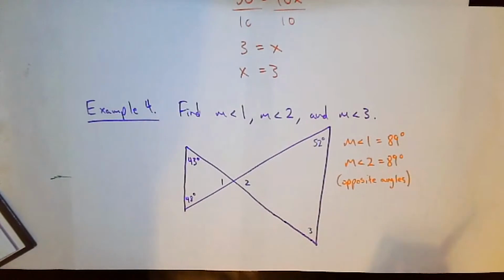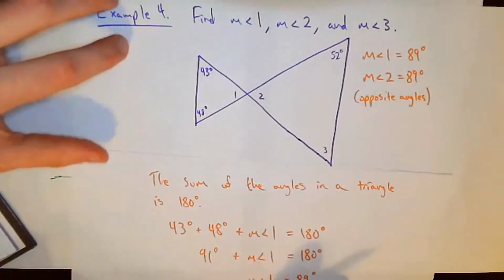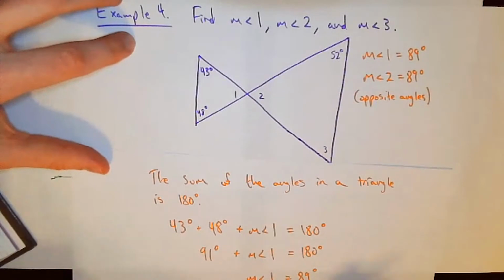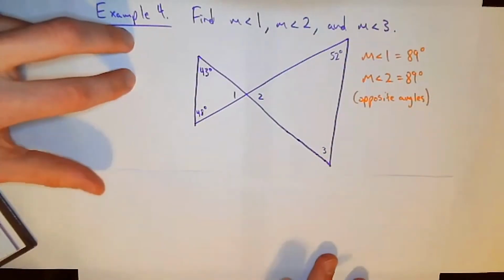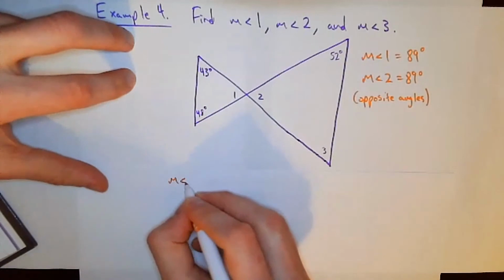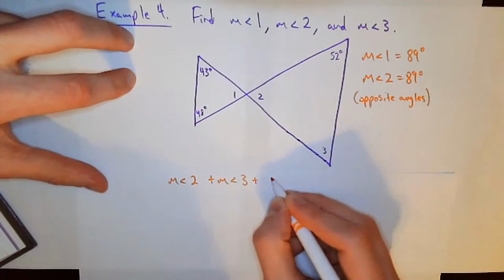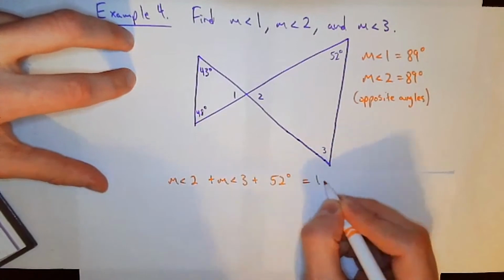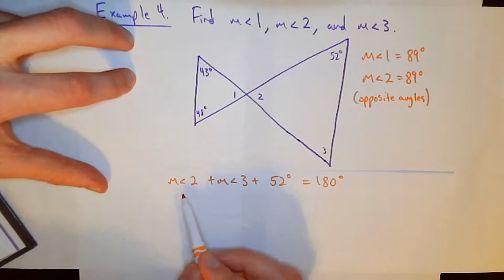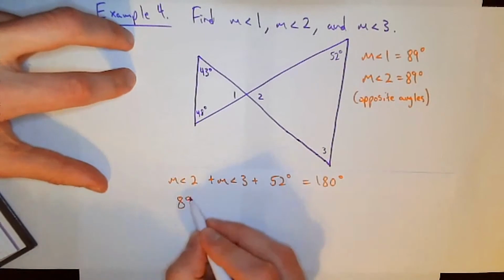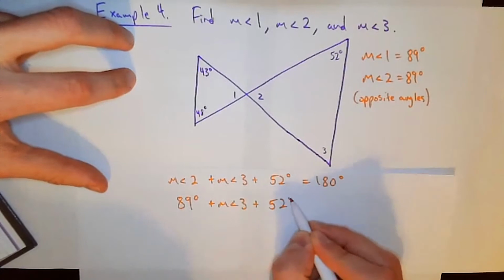Now, how do I solve for measure of angle 3? Well, now I know that in the right-hand triangle, measure of angle 2 plus measure of angle 3 plus 52 degrees should be 180 degrees by the rule for triangles, but I also know measure of angle 2 is 89 degrees. So I've got 89 degrees plus measure of angle 3 plus 52 degrees.